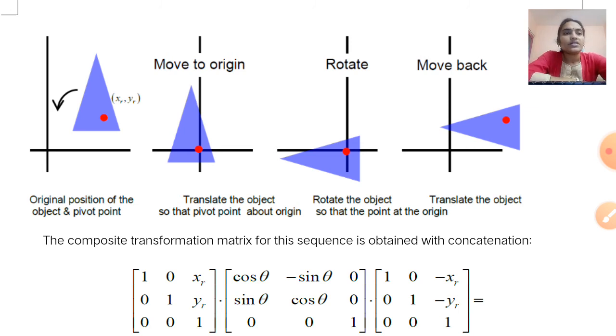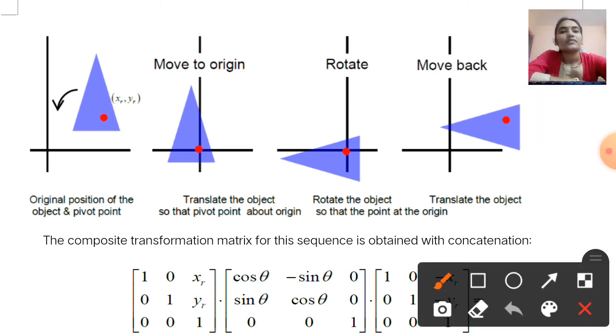Okay. So here in the first figure, this one is the original position of the object at the pivot point. Then the object is moved to the origin point, this one. After moving to the origin point, it will rotate there.